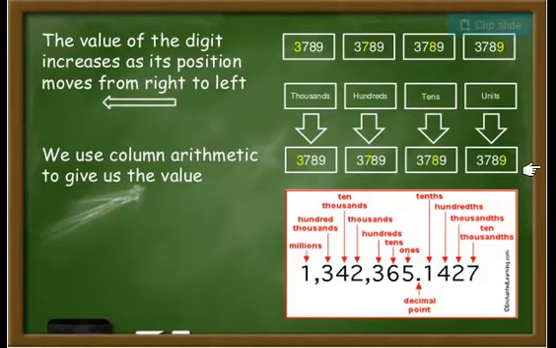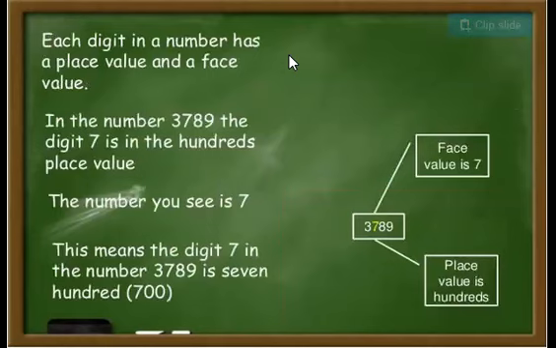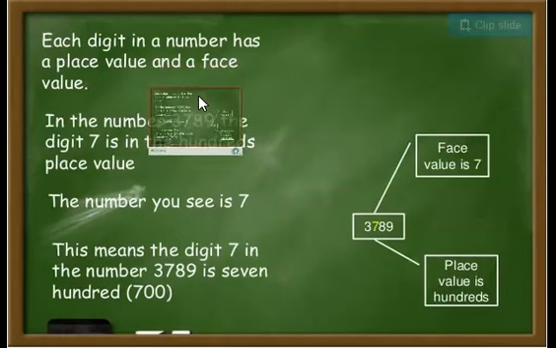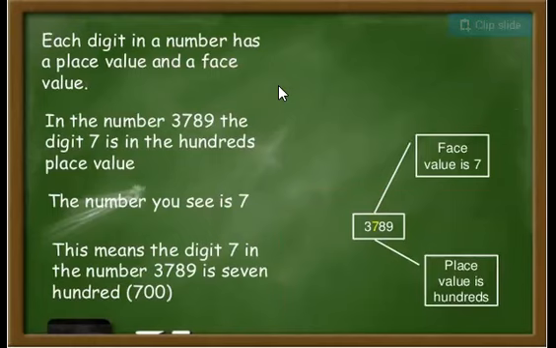Next, in the next slide we'll see that each digit in a number has a place value and a face value. Every digit has one face value and one place value. So let's see what face value and place value are.